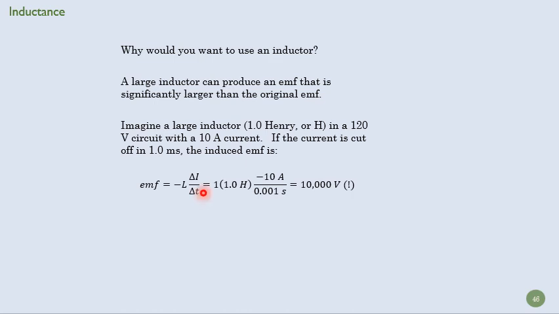Well, throw those numbers into our equation for an inductor, and you see that I get a 10,000 volt EMF out of a 120 volt circuit. So that's a really massive voltage. These are some big numbers here too. That's a large inductor and a pretty large voltage, but still, that's pretty huge.